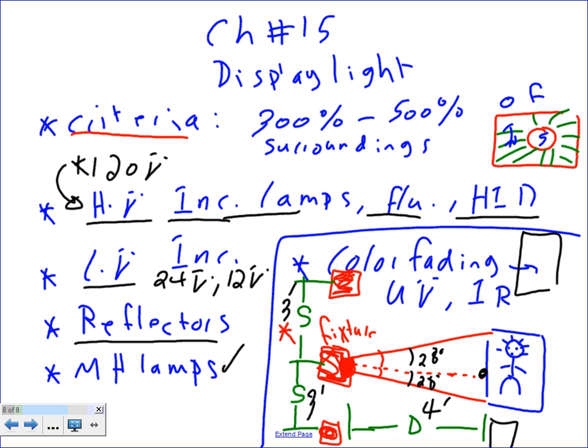The last thing I want to talk about in this topic is fading. Most lights produce UV and IR, ultraviolet and infrared rays. These can damage equipment. If I have a beautiful picture here and I shine light at that picture, you have to be very careful that the light might damage the very expensive artifacts you're trying to display.